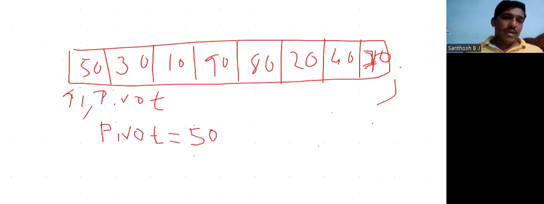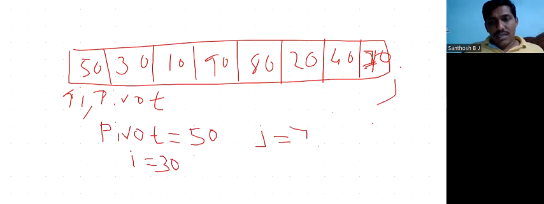You consider I as 30 initially, and J as 70. Initially you use these values.